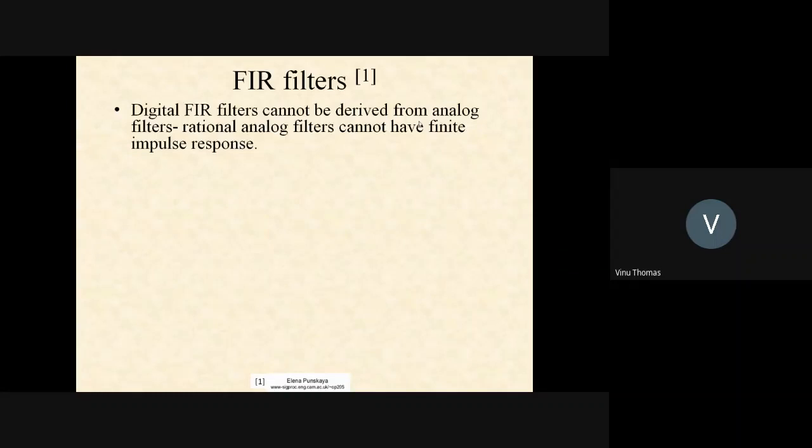In general, this is true for all kinds of analog filters that exist in practice. Analog filters that exist in practice will have impulse responses that go up to infinity. So you cannot get digital FIR filters by approximating the analog filters, because analog filters have infinite duration for the impulse response. So digital FIR filters cannot be derived from analog filters, as rational analog filters cannot have finite impulse response.